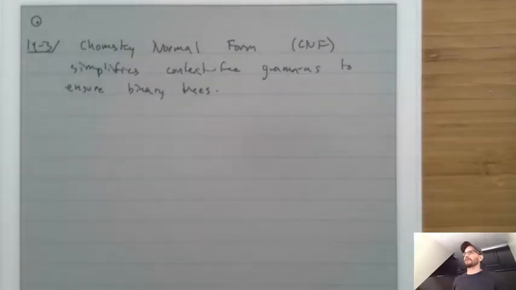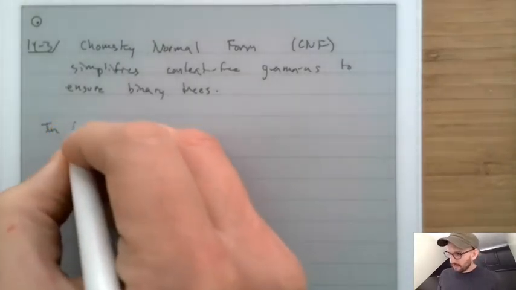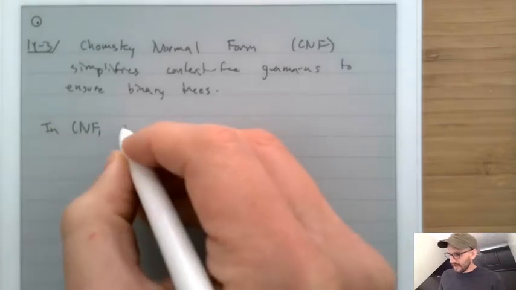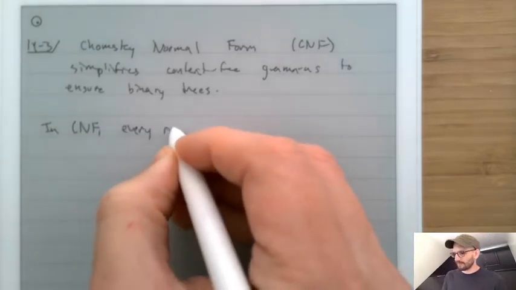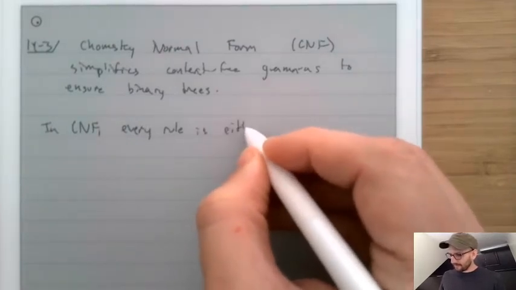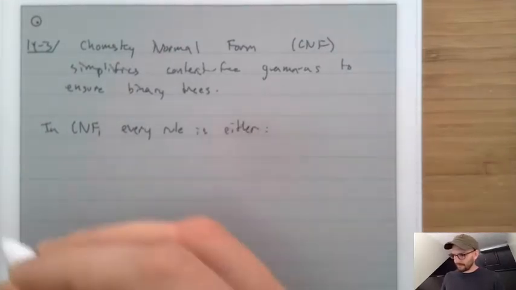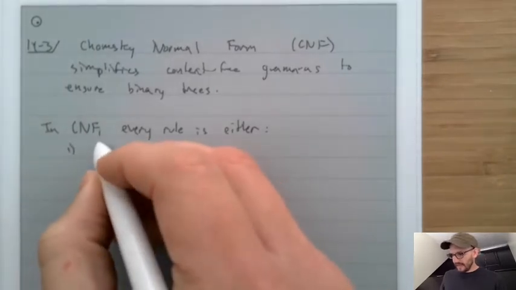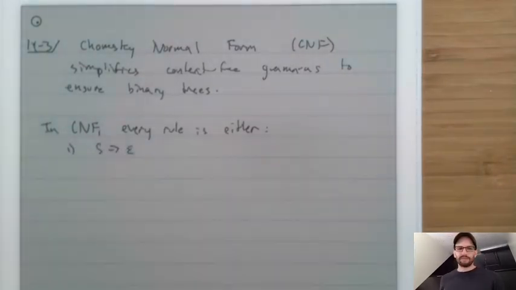Here's the way that it works. In Chomsky normal form, every rule is either 1, S goes to epsilon. That's one of the rules that you're allowed to have.